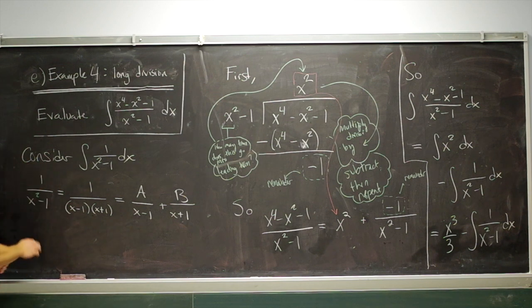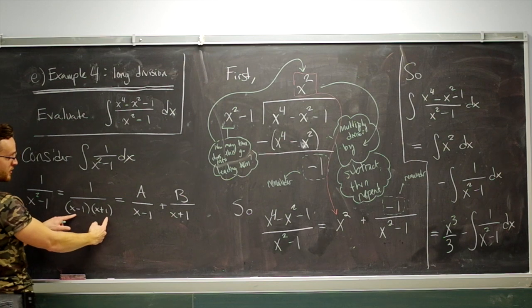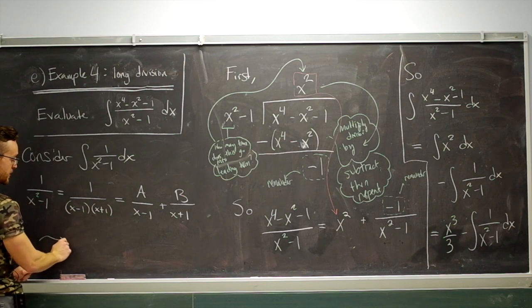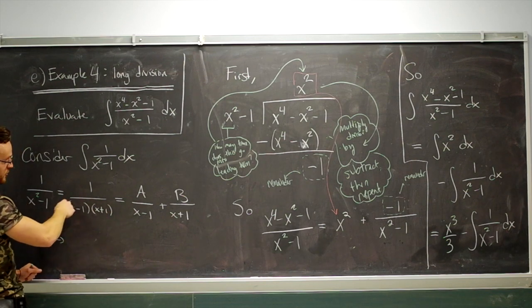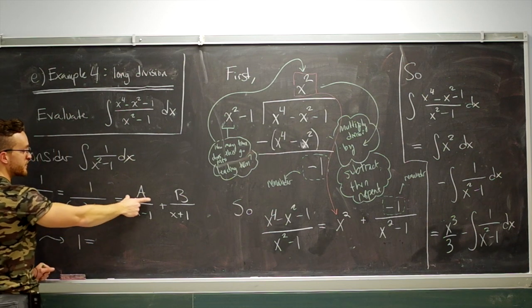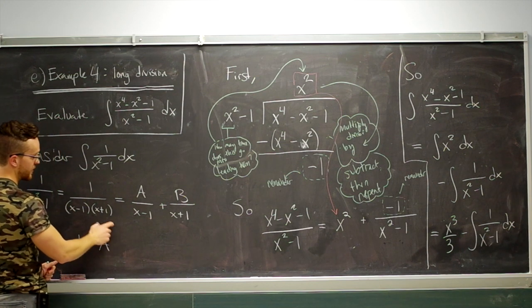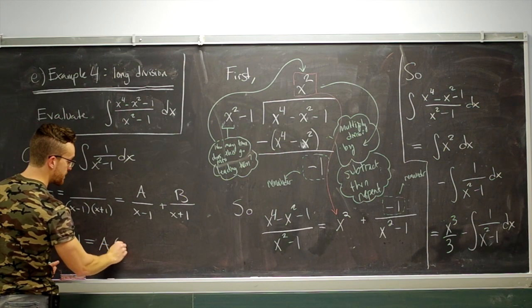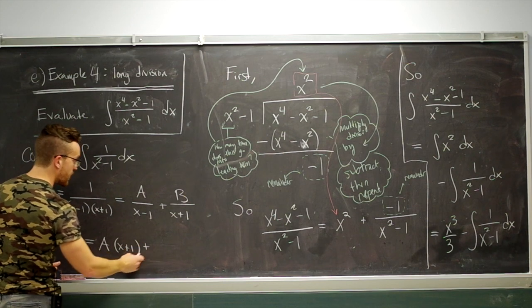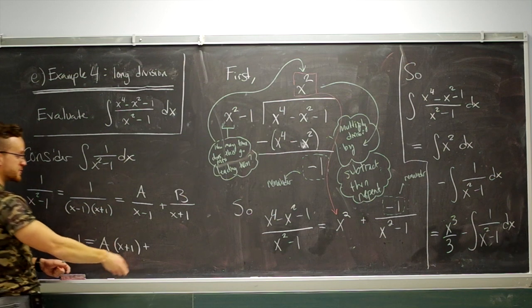Clear denominators, so I'll multiply through both sides of this equality by this denominator. On the left, when I do that, I'll get 1 equals. Here, x minus 1s will cancel out, so I'll get an a times x plus 1 plus b times x minus 1.